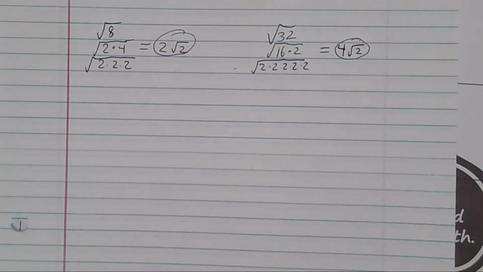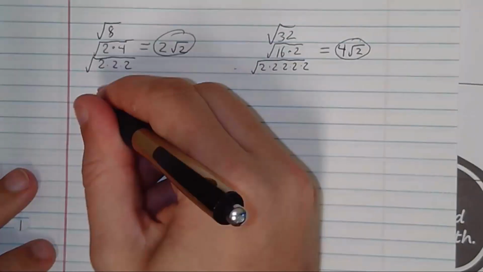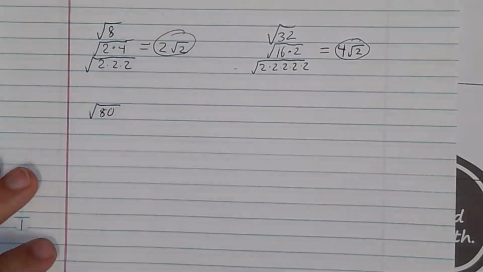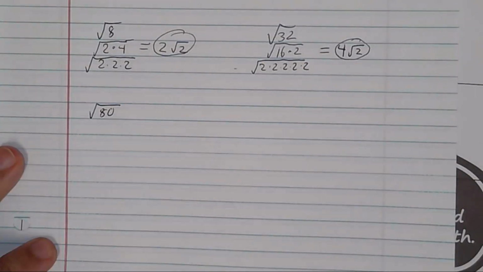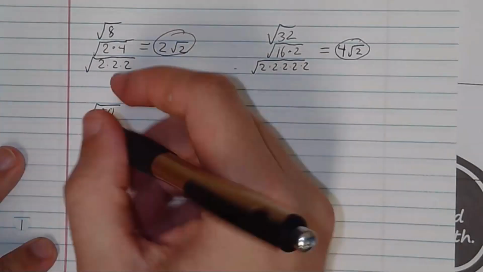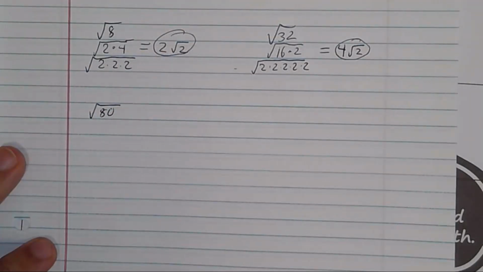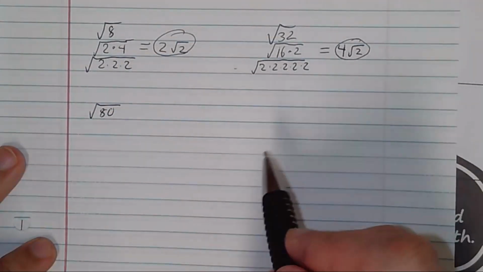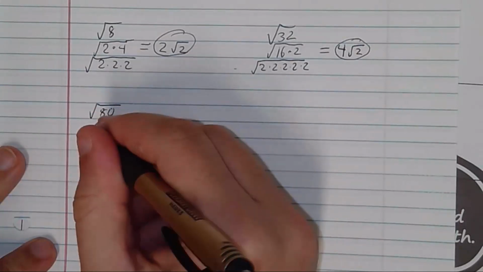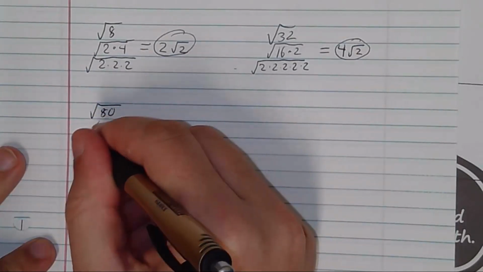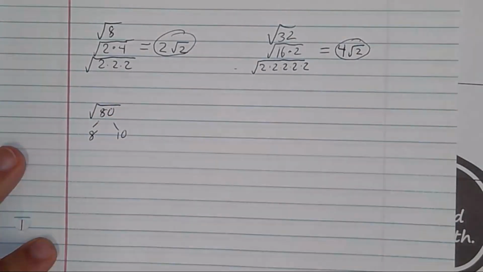This can be done with larger numbers, for example, the square root of 80. Now, in the square root of 80, we have to get kind of creative here. One alternative way of doing this, if you don't like the factorizations and looking for numbers that have perfect squares, is we can make a tree. Some people really, really like this. So I'm going to do 8 and 10 as the starting branches of my tree. Notice that 8 times 10 makes 80.